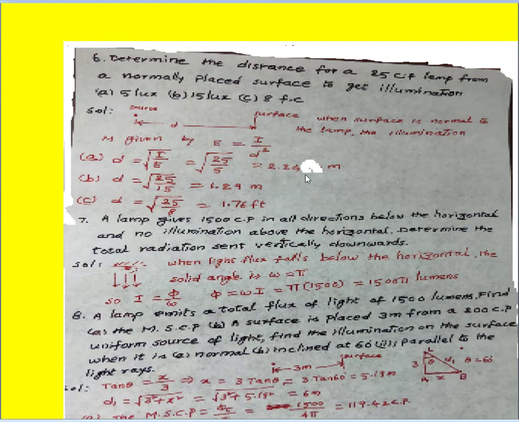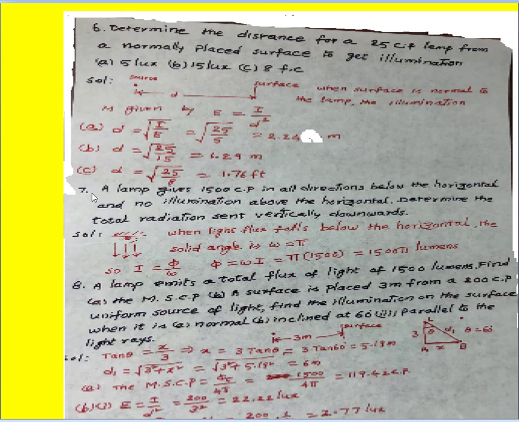That is what we can observe here. For 5 lux, the distance is more. For 15 lux, the distance is less. For 8 foot candela, also the distance is more, like this.